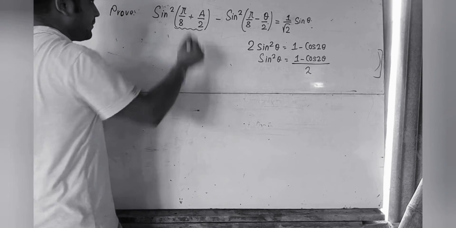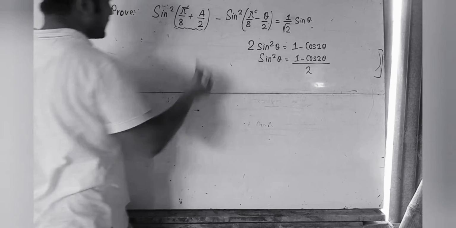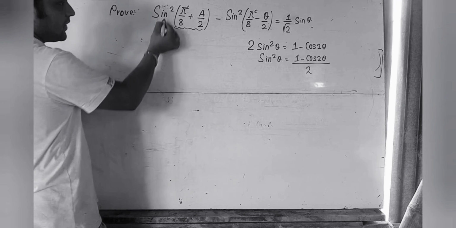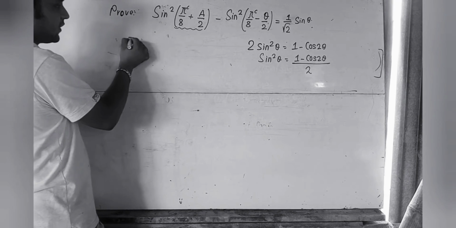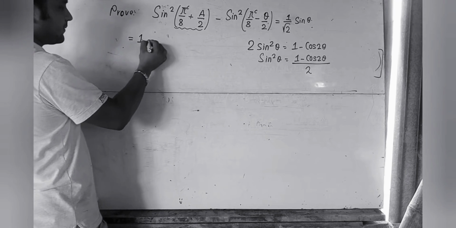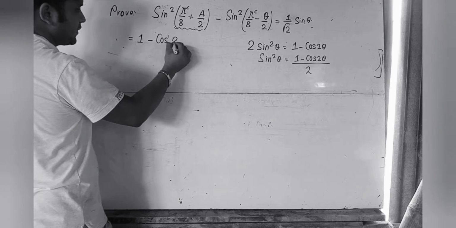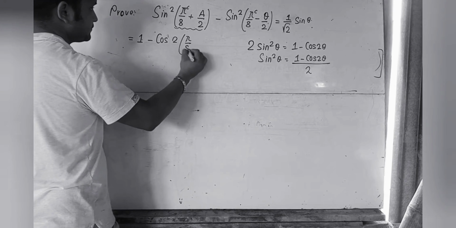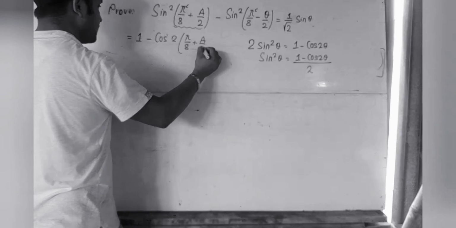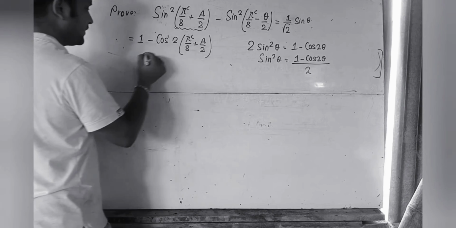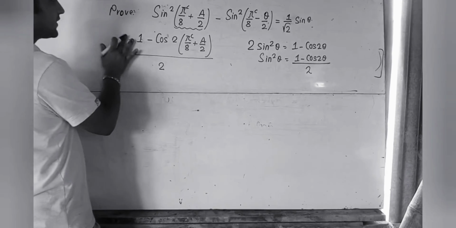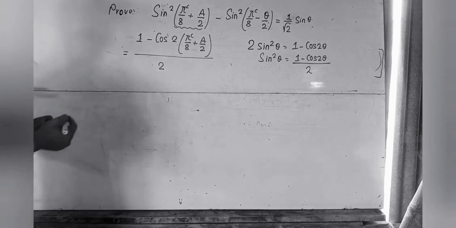We have pi radian by 8. Now sin square theta is, the formula is 1 minus cos 2 theta by 2. This is the first step of writing sin square theta.